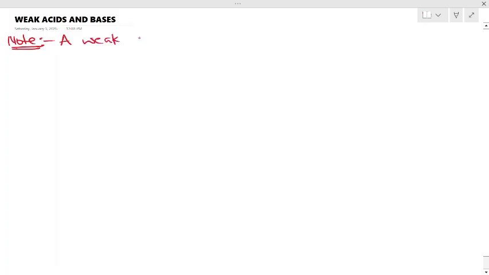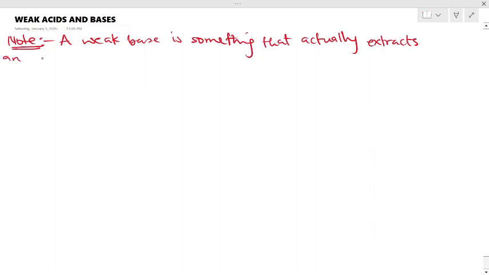A weak base is something that actually extracts a hydrogen ion. Okay, it extracts it from water, and because it extracts it, that's why it is a base.